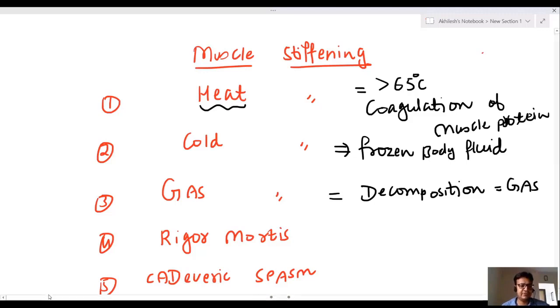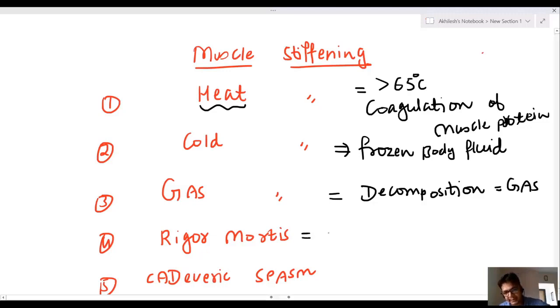This causes gas stiffening. So another important word we use, gas stiffening.